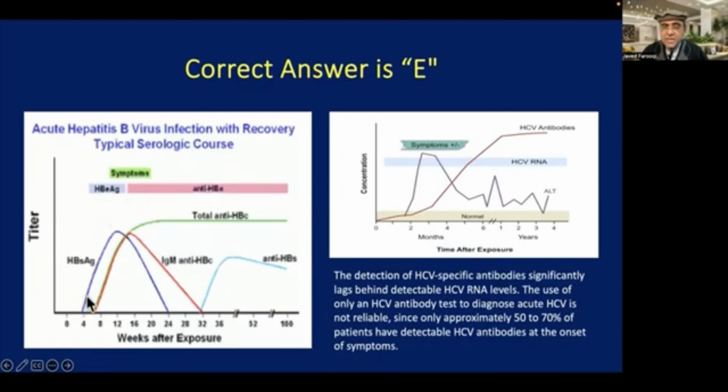This is the HBs antigen, this is the titers, and this is the weeks after exposure. The HBs antigen appears around 4 weeks after the exposure. Titer rises to the maximum and then it goes down, and around 24 weeks it disappears.